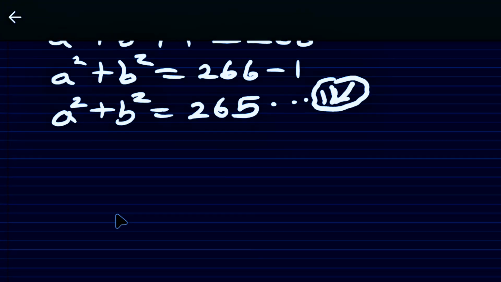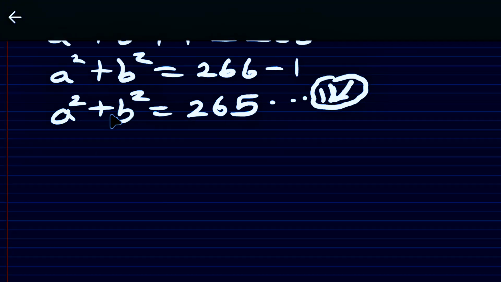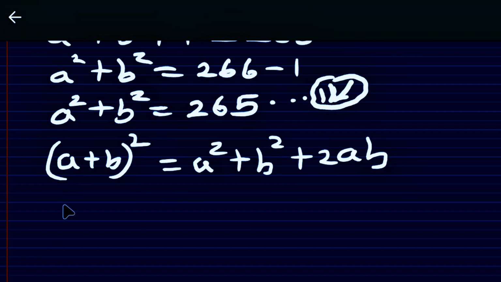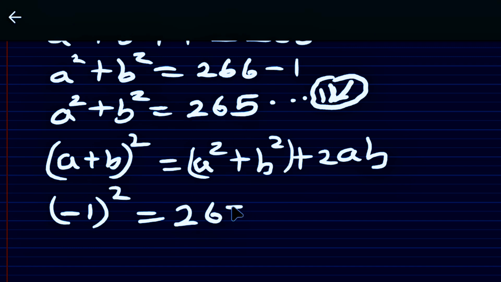Okay, so from here, a squared plus b squared can be written as a plus b all squared, and this equals a squared plus b squared plus 2ab. Now from here we have a plus b to be minus 1, that is equation 3, so minus 1 all squared, and this equals, remember that a squared plus b squared gave us 265, so we are going to substitute that here, plus 2ab.